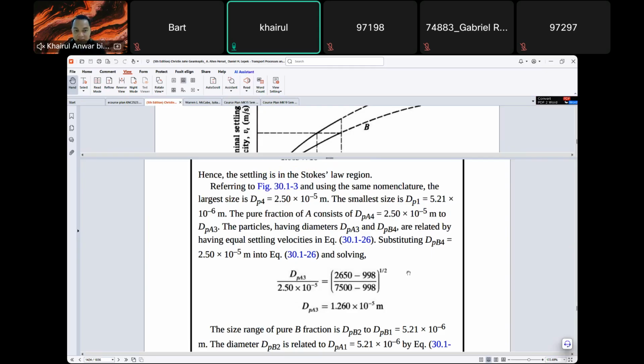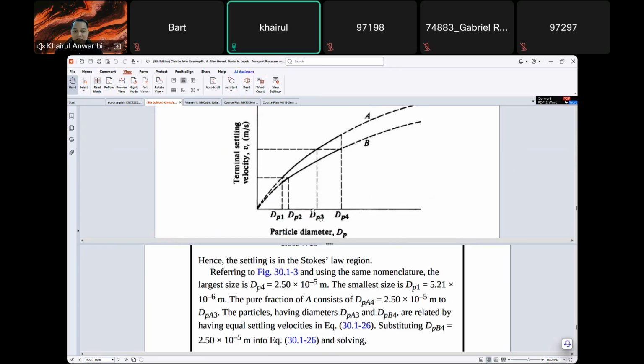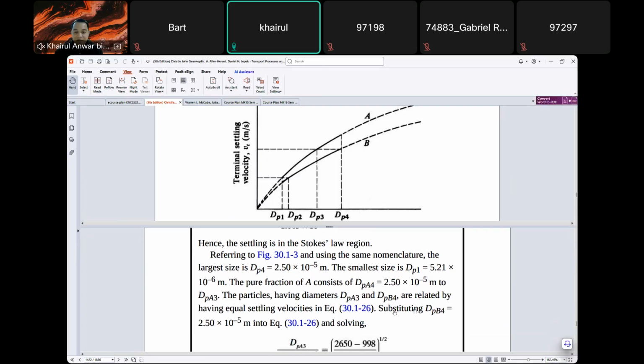So the pure fraction of A consists of dpa4 to dpa3. This one we already explained. For dpa3 to dp4, only particle A is present. That's why they say the pure fraction of A consists of dpa4 to dpa3. For the mixed fraction, the diameters dpa3 and dpb4 are related by having equal settling velocity.